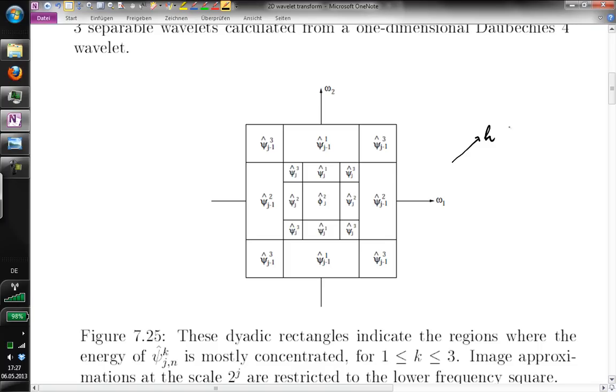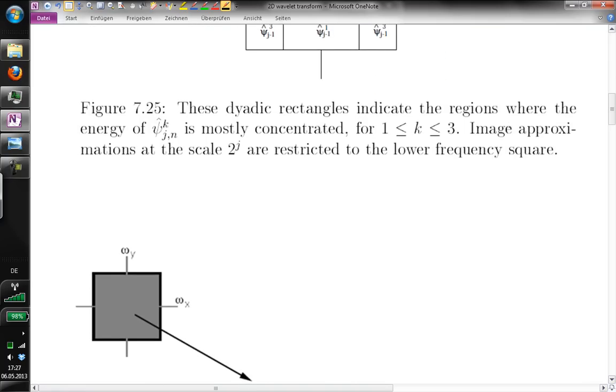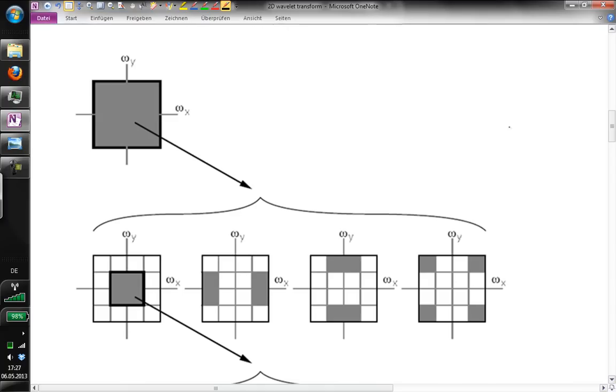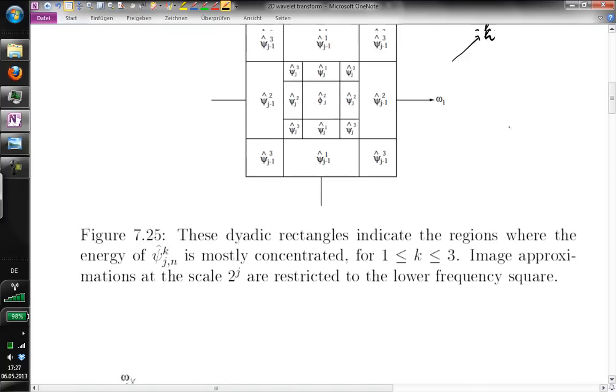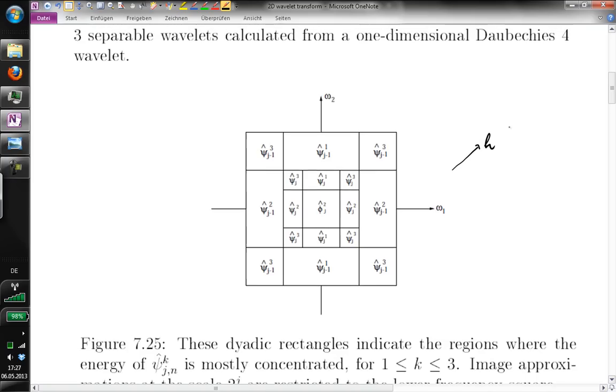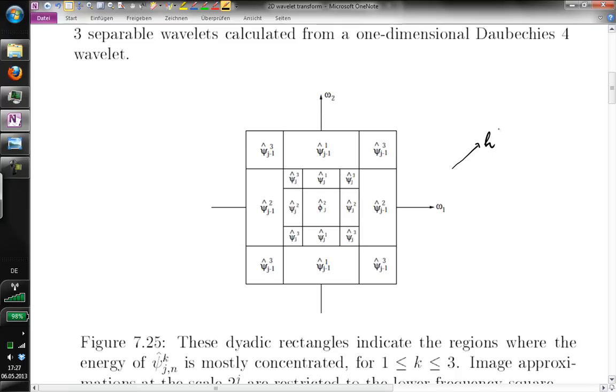And now I need good terminology. I don't see good terminology anywhere. So let's say I'm using the high-pass filter in X direction, and I'm using the low-pass filter in X direction, and then I am subsampling by 2.